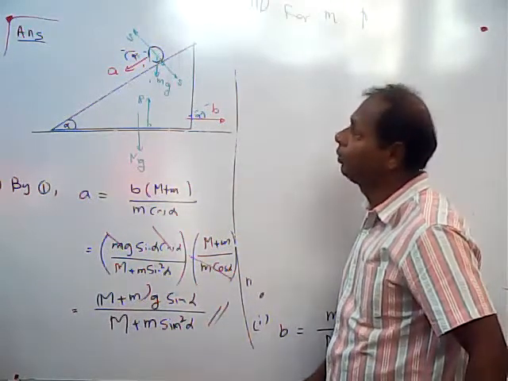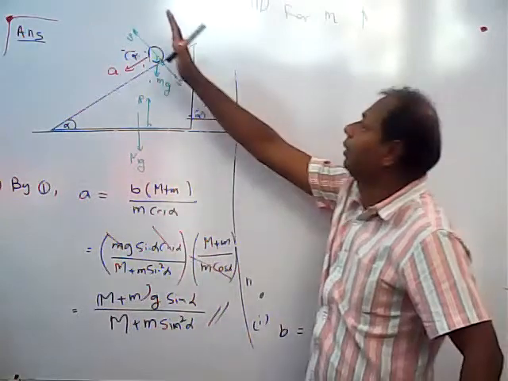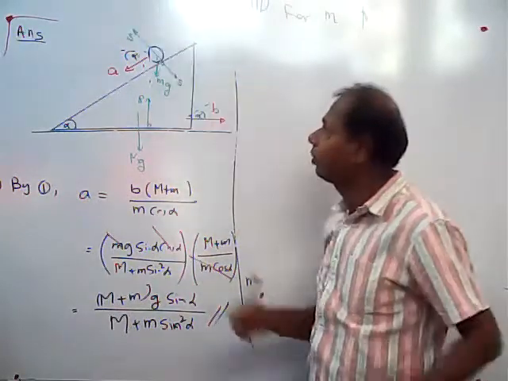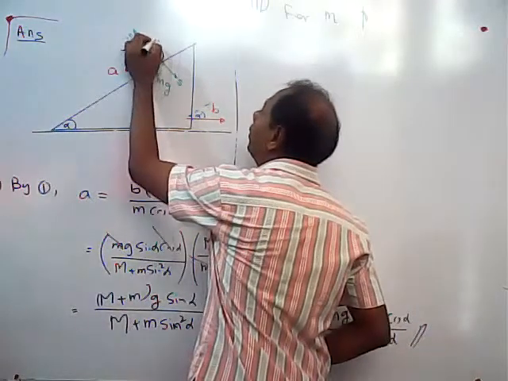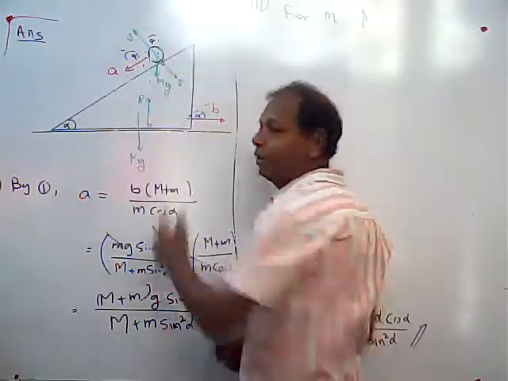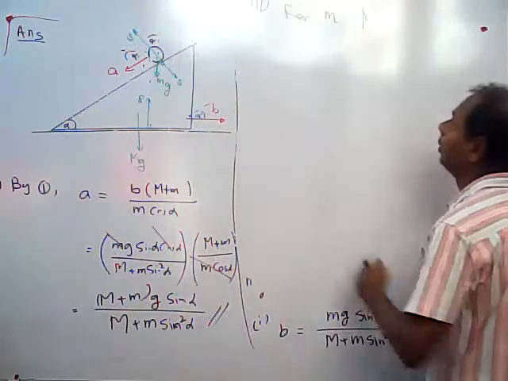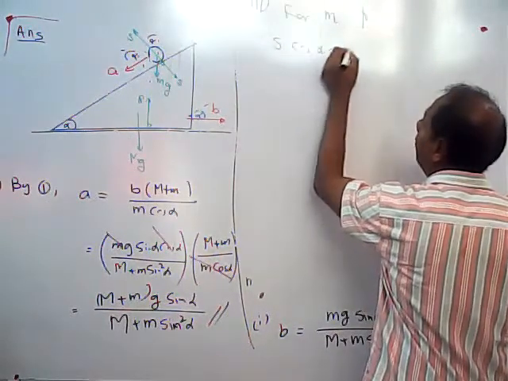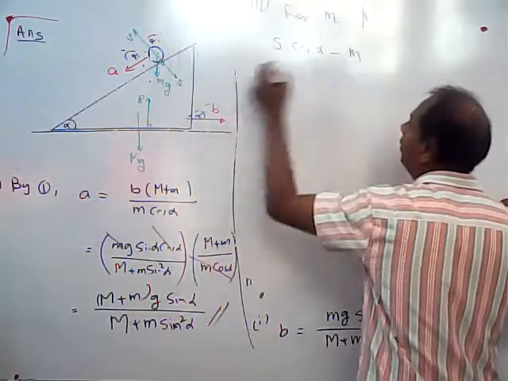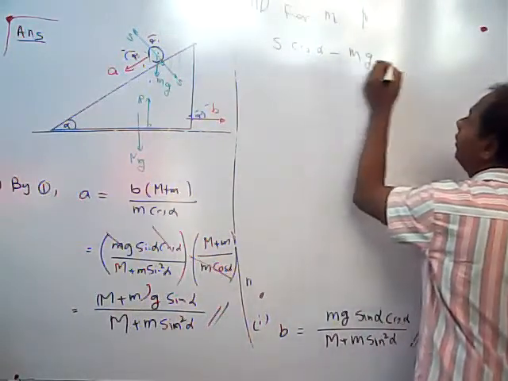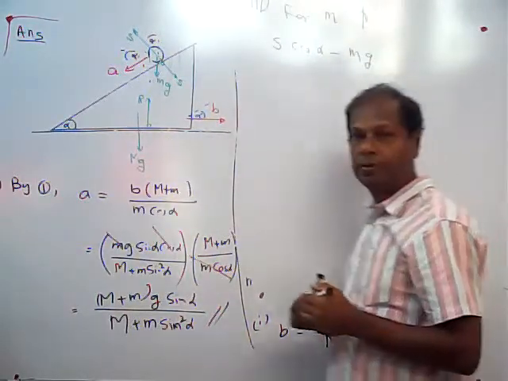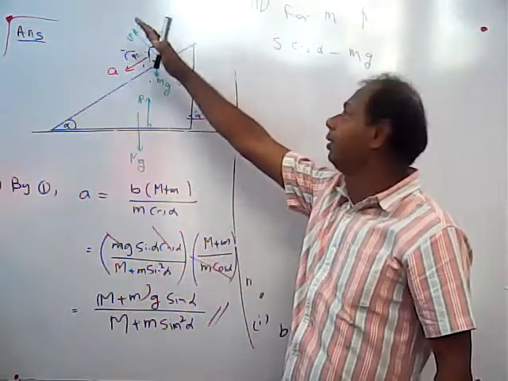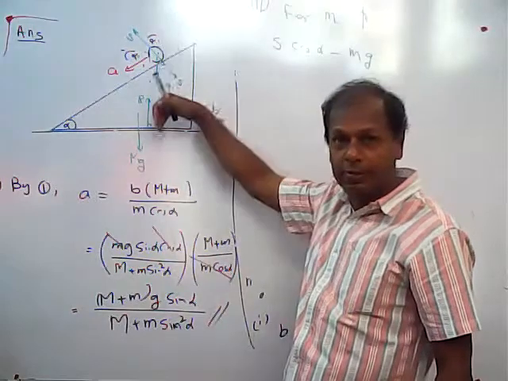Upwards, it will be S cos alpha upwards, S cos alpha minus mg. Mg is coming down. There is no other force acting on the particle if you take it vertically. S cos alpha minus mg.